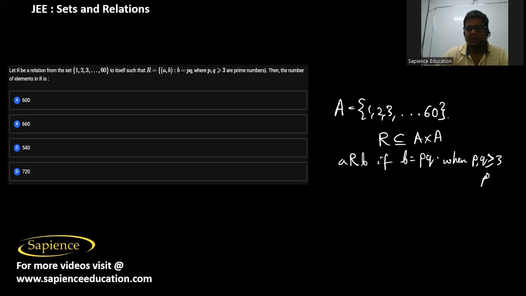So P and Q should be prime numbers more than or equal to 3.